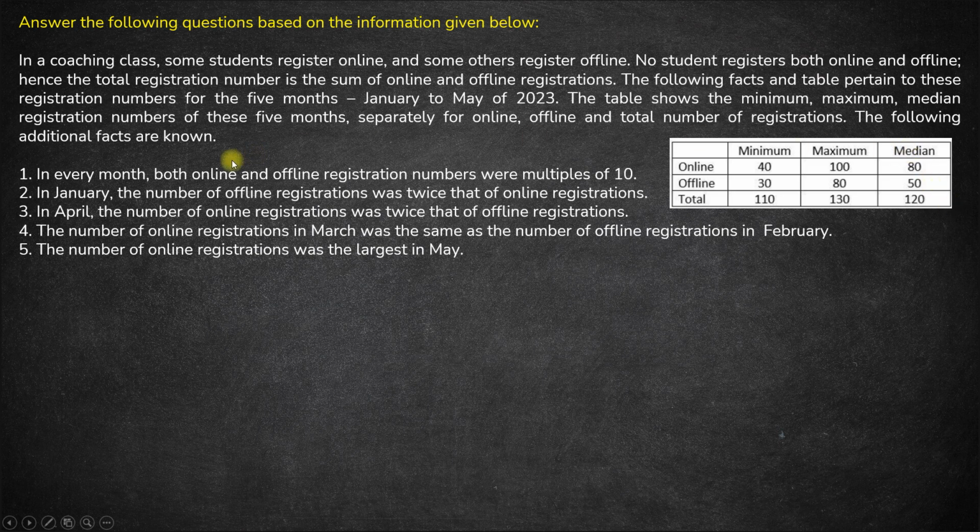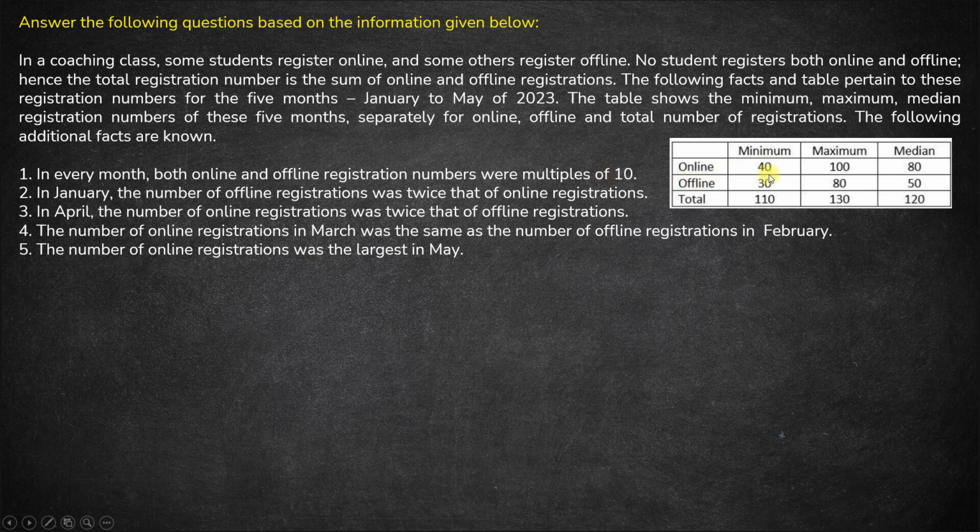Okay. Now it's given that in every month both online and offline registration numbers were multiples of 10. Cool. So this effectively means that for online registrations the minimum is 40, the maximum is 100, and all the values in between should be multiples of 10.